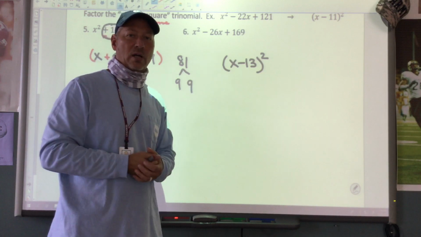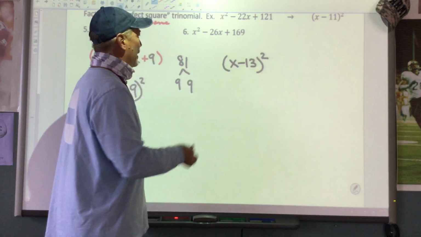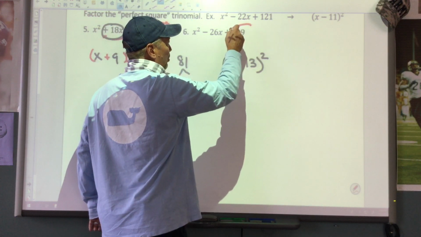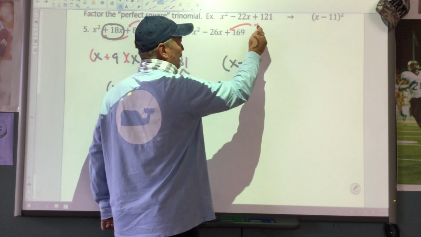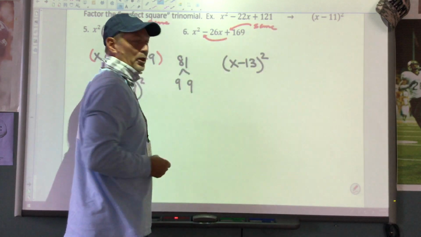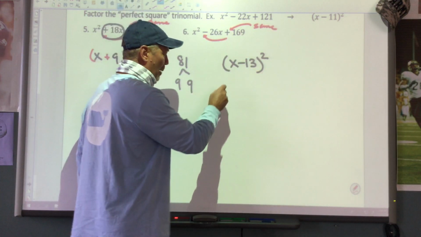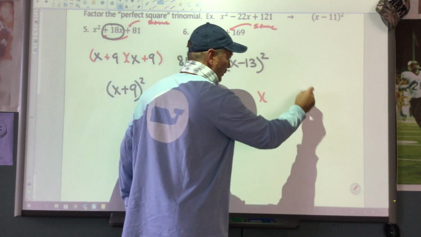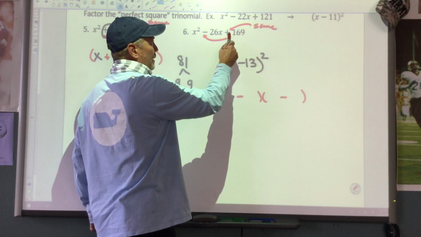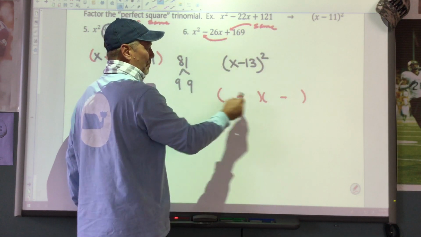Now I'm going to show you the process so you trust me. Because it's a plus sign, my signs are the same. This says they're both going to be minuses. So in my parentheses, my signs are going to be the same, and they're both going to be minuses.